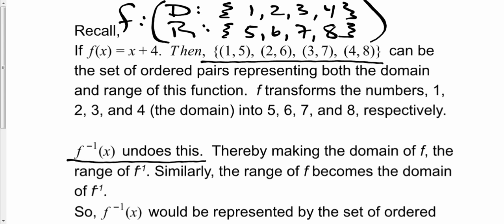But the range of f is not the range of the inverse of f. Another name for the range of f is the domain of the inverse. Because remember, the inverse works on 5, 6, 7, and 8 and sends it back to 1, 2, 3, and 4.